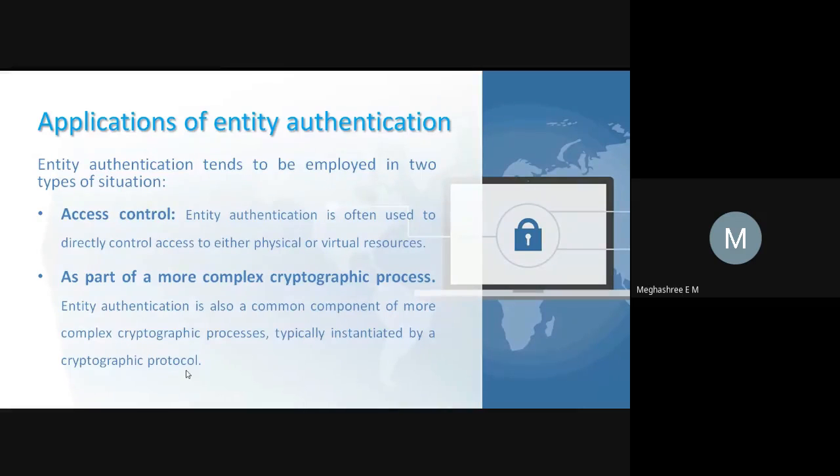So where is entity authentication actually required? Establishment at the start of a connection. I mean, when Alice and Bob want to communicate, then obviously initially entity authentication is required. Alice should justify that she is an authenticated user, and Bob should also authenticate himself, that he is Bob who wants to communicate with Alice.